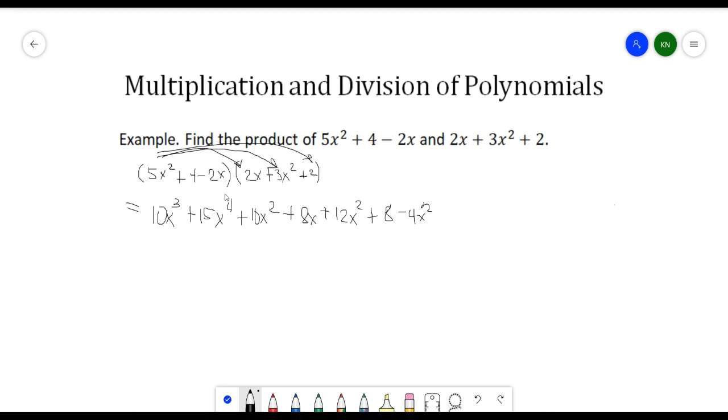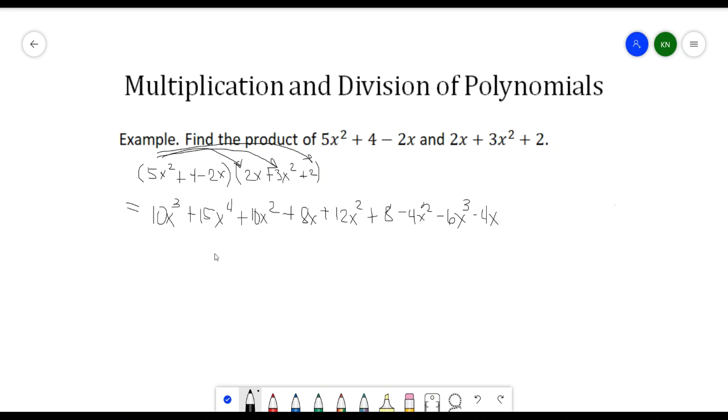So you just really have to be careful, especially with the exponents. Now, continuing, we have negative 2x multiplied by positive 3x squared. So we have negative 6x cubed. And we also have negative 2x multiplied by 2, that is negative 4x.